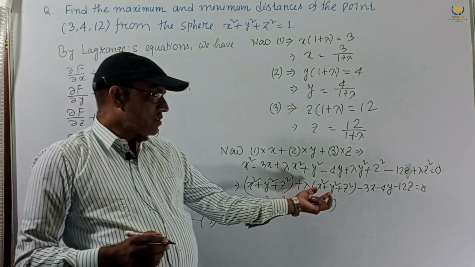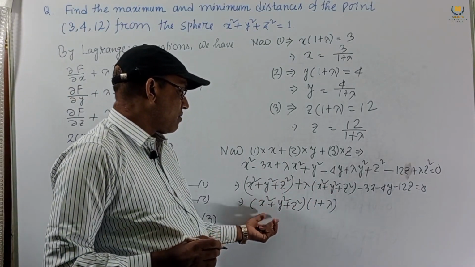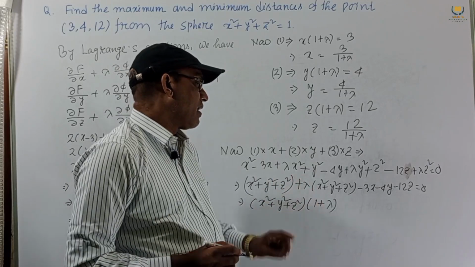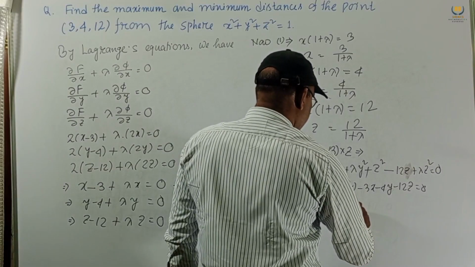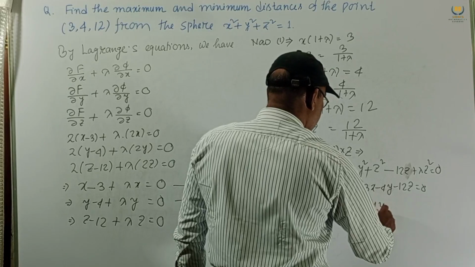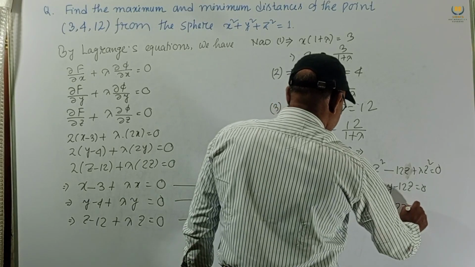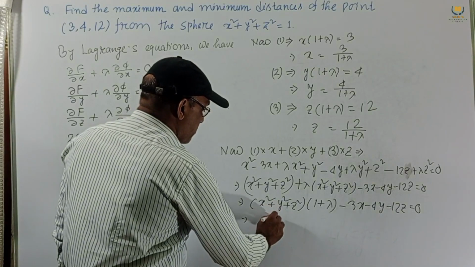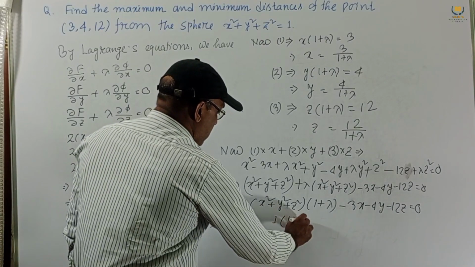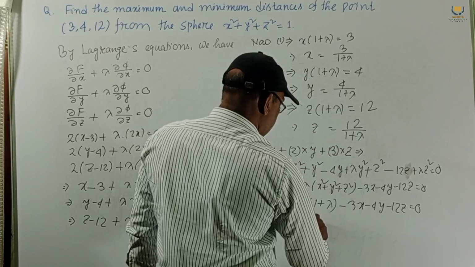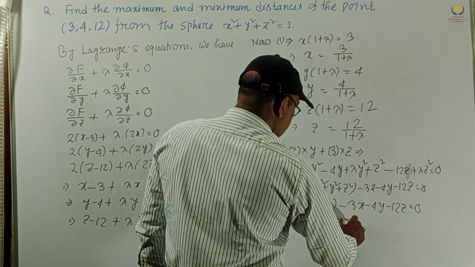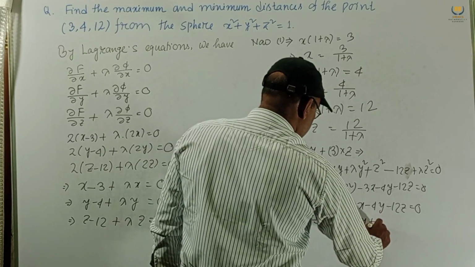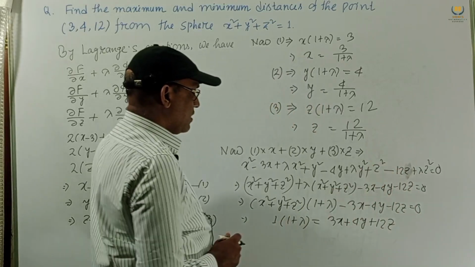From these two terms, taking x square, y square, z square common, we get here 1, here lambda, and these remain same. 3x minus 4y minus 12z equal to 0, and x square plus y square plus z square means 1 plus lambda, and taking the right hand side, 3x plus 4y plus 12z.